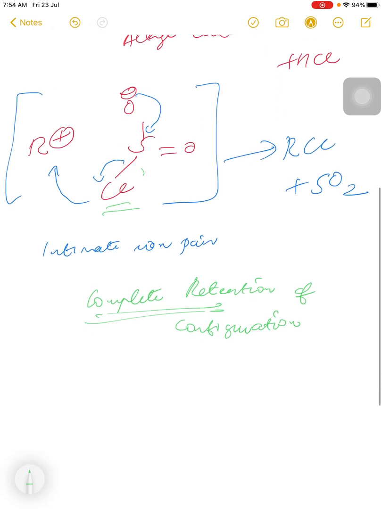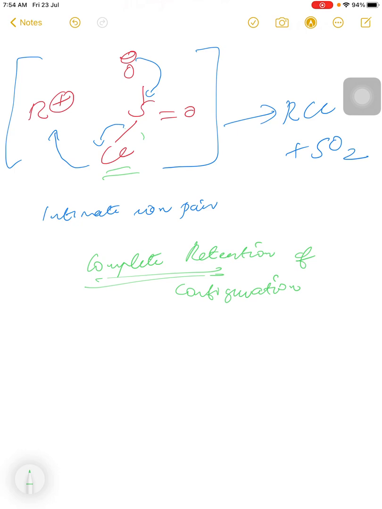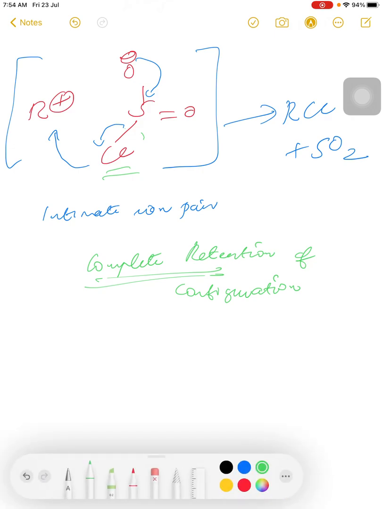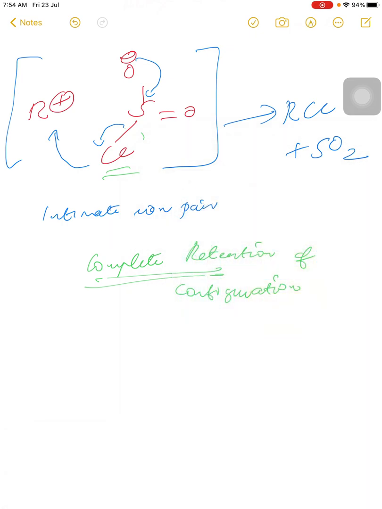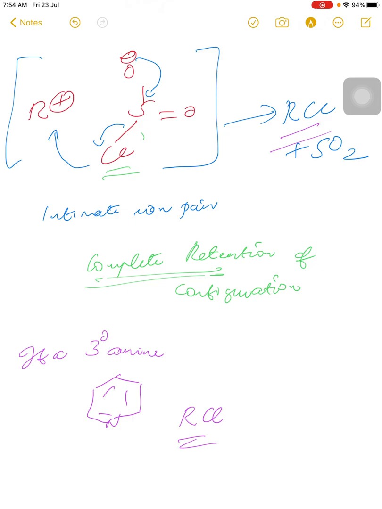But in the same reaction, if a tertiary amine is present, an example of a tertiary amine being pyridine, then the RCl which is formed is said to have undergone inversion of configuration.